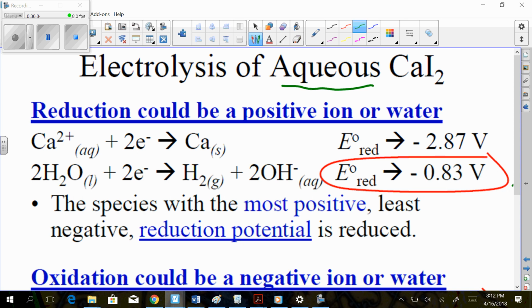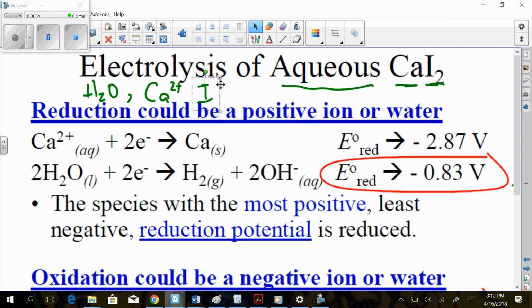We have in our bucket water, because we dissolved this in water. We also have the calcium ion, and we also have iodide ion. So those are the three things we have in the bucket.